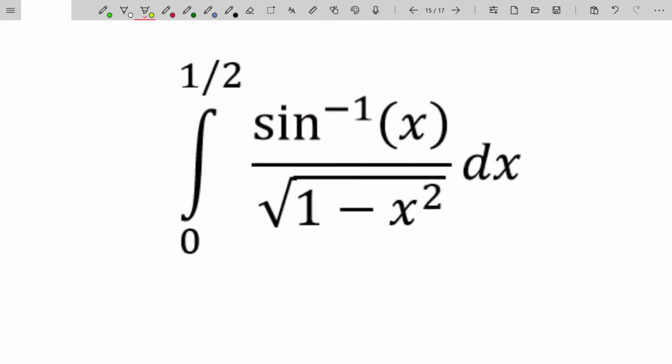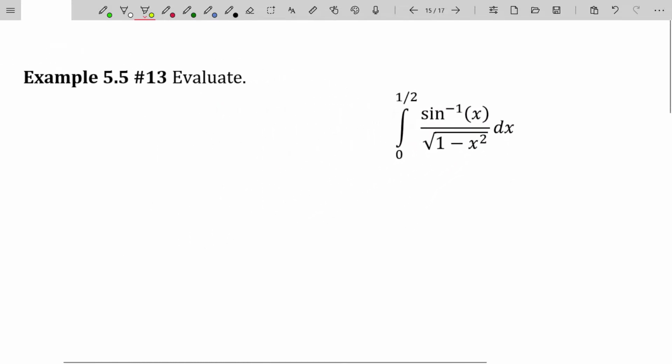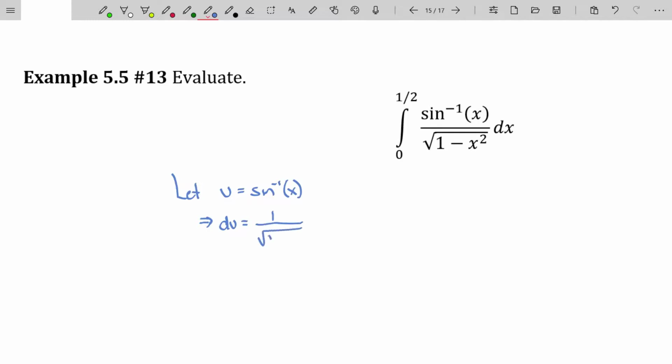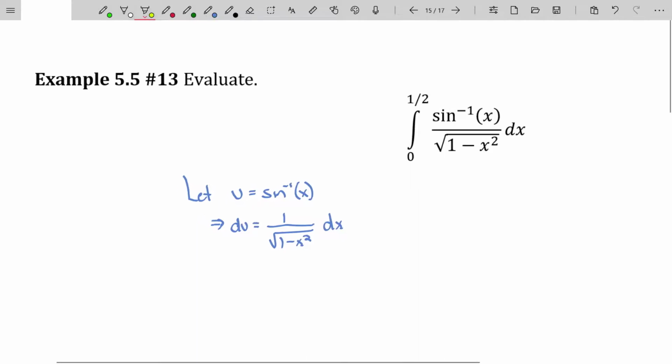So I am going to let u equal the sine inverse. I'll just do that right here. Let u equal the sine inverse of x, which will imply du will steal away a 1 over square root of 1 minus x squared dx, which is exactly what we have right here.